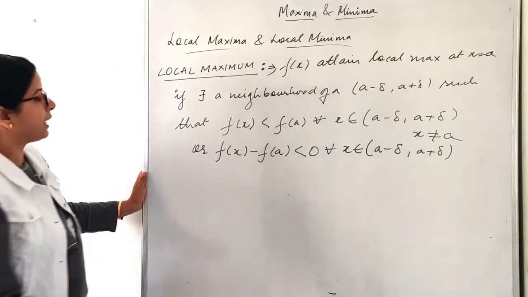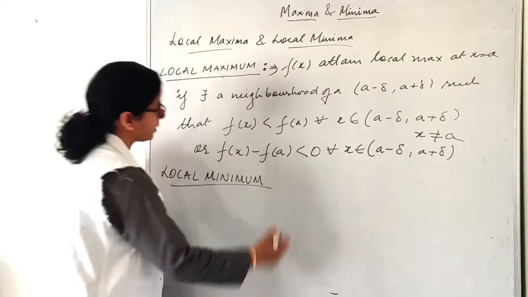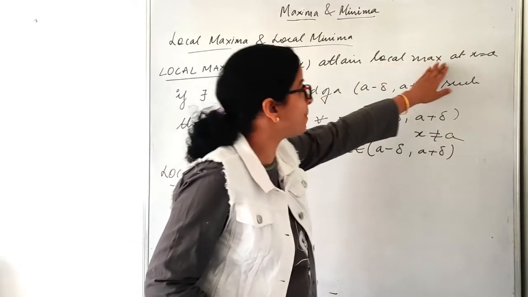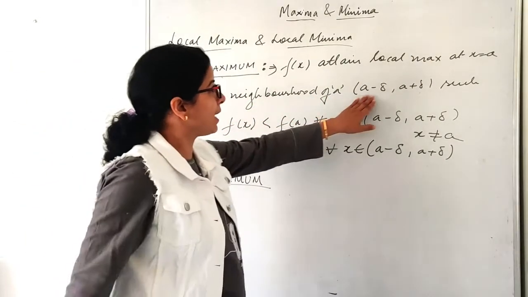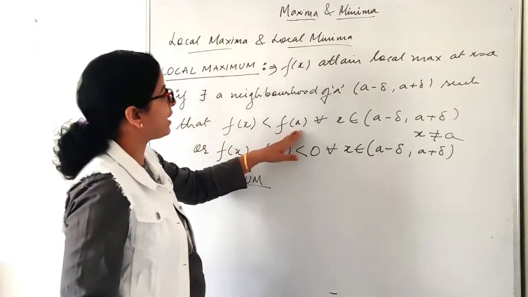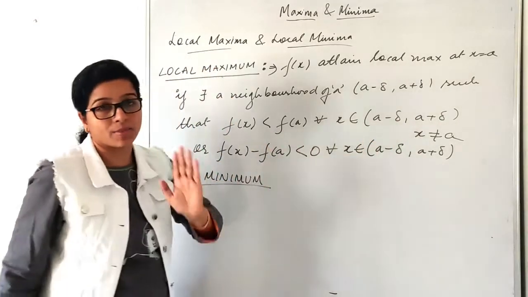Is that clear? Now if we are talking about local minimum, exactly the same way we write: f(x) attains a local minimum at x = a if there exists a neighborhood (a minus delta, a plus delta), such that f(x) is greater than f(a) for all x belonging to (a minus delta, a plus delta), right?